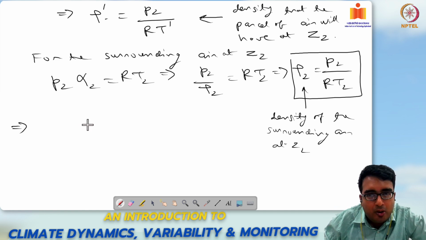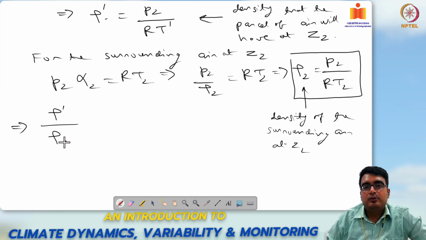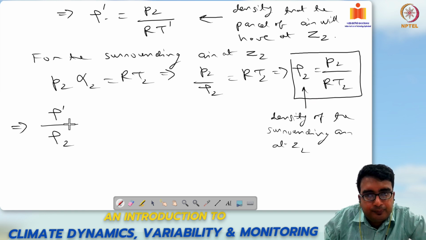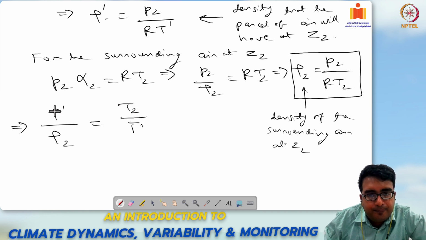So this implies rho prime by rho 2. P2 cancels out, R cancels out, the gas constant for air. So this will be equal to T2 by T prime. Correct?